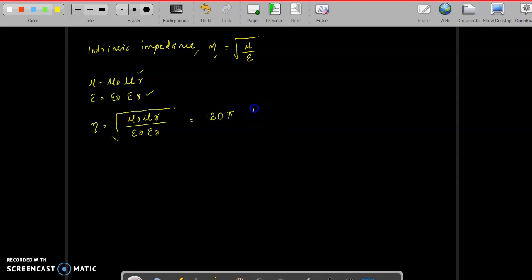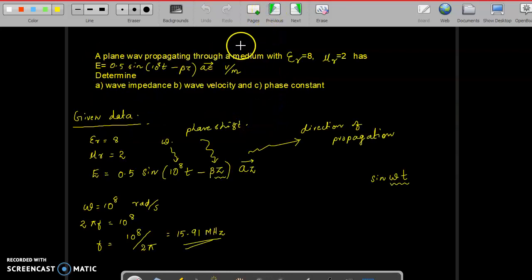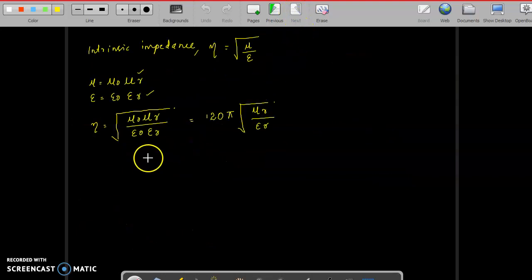We can write it as 125 times the square root of mu r upon epsilon r. If we check back, mu r is 2 and epsilon r equal to 8.